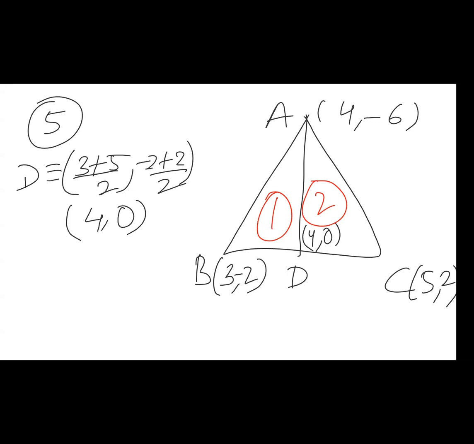What is the value of the area of triangle ABD? How many square units? So I'm getting 5 square units.